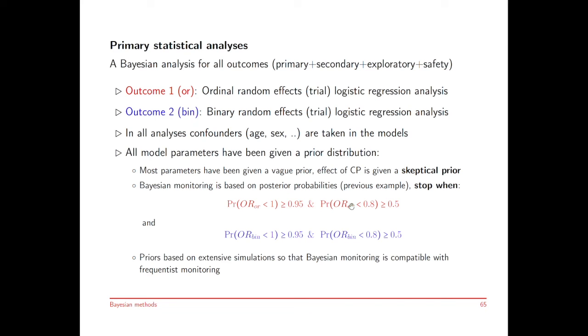We stop if the posterior probability that the odds ratio is smaller than 1 was bigger than 0.95 in favor of convalescent plasma, and the posterior probability that the same odds ratio was smaller than 0.8 was bigger than 0.5.